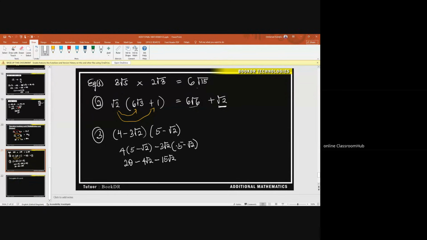Then minus 3 root 2 will multiply minus root 2. So the numbers here are negative 3 and negative 1, the numbers attached to the surd. So when they multiply, they become positive 3. That's negative 3 times negative 1, the numbers outside.